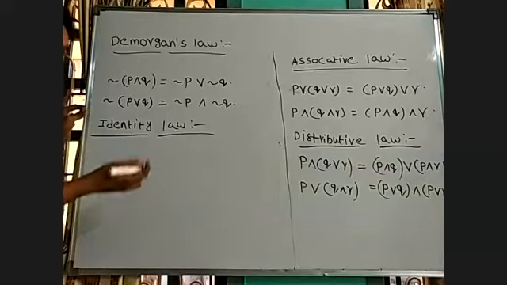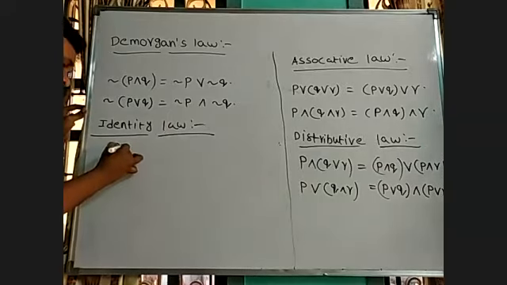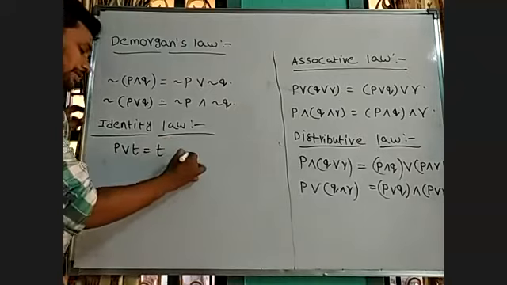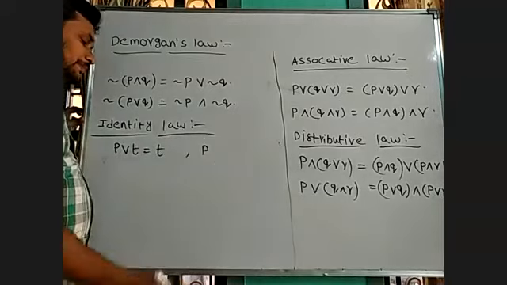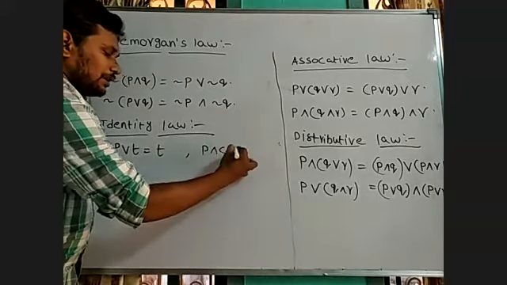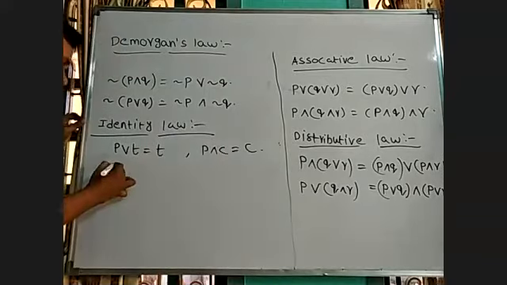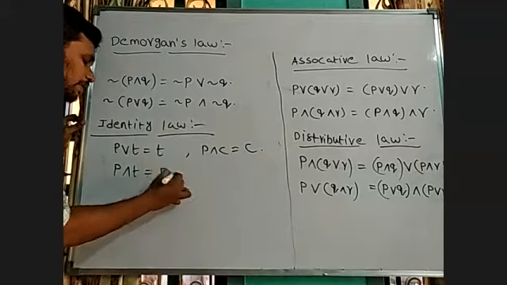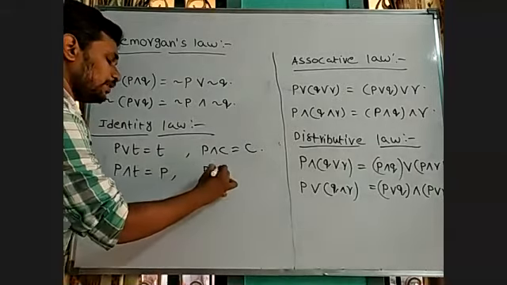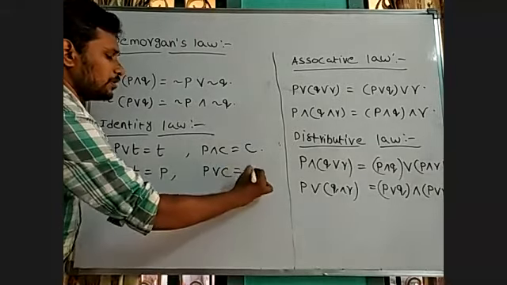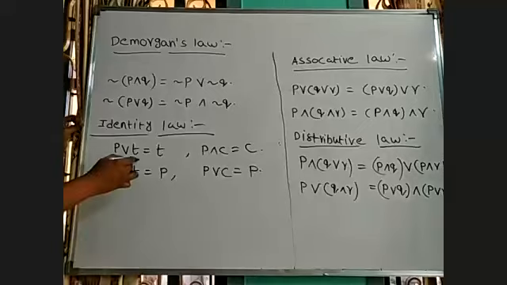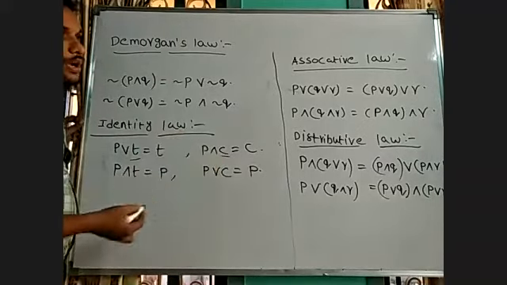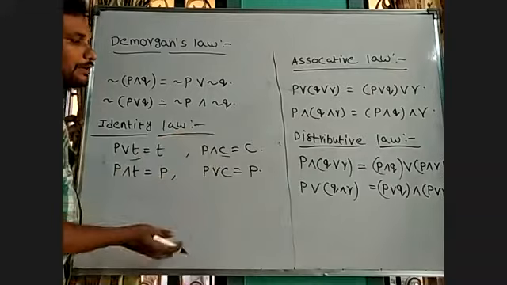If you apply it, P ∨ T equals T. Next, P ∧ C equals C. Next, P ∧ T equals P only we will get. Next, P ∨ C equals P. Here, T is tautology, P is my statement, C is contradiction or falsity. Okay, write all this now.